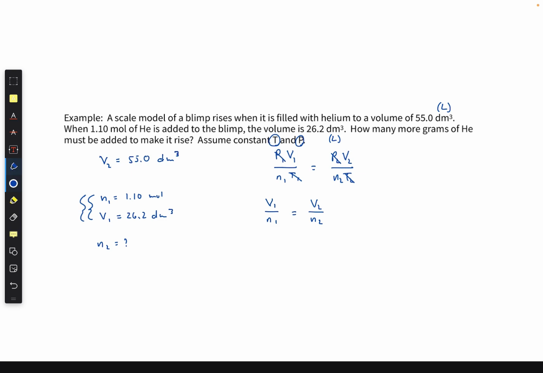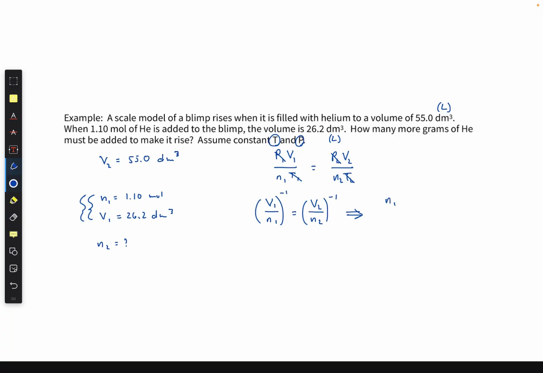So we can plug in, and we need to find N2. N2 is in the denominator here, and that does often trip people up. There are a couple ways to handle this. You can cross-multiply a ratio, so that's one option. You can also just invert the entire equation. You can take the inverse of both sides, which is just the -1 exponent.